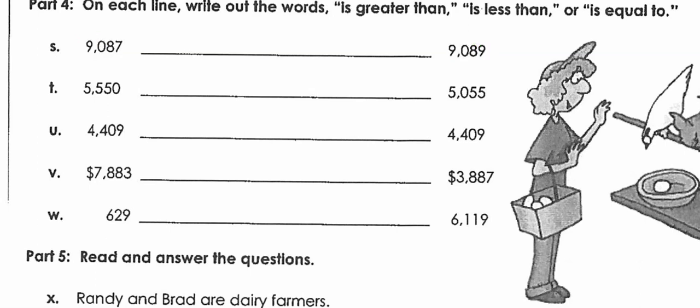Now I have a 7 in the ones right here, and then I have a 9 in the ones. So is 7 greater than 9? Is 7 less than 9? Or is 7 equal to 9? Yes, you're right. 7 is less than. So you would write is less than.